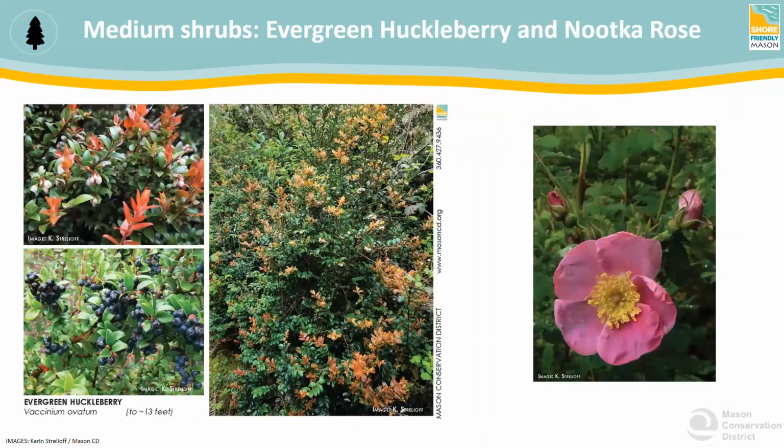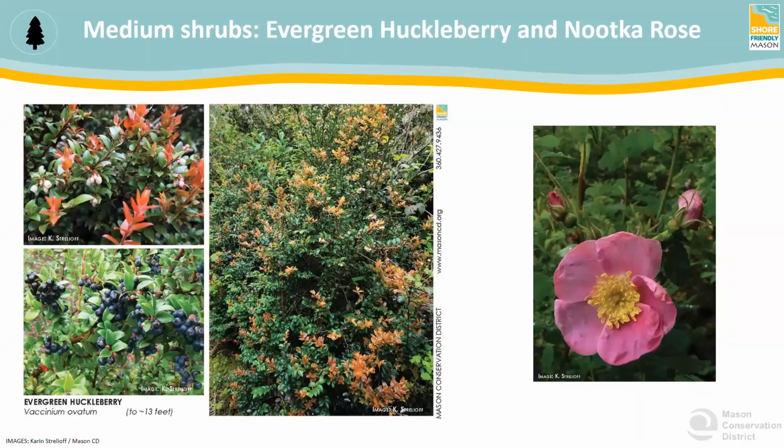And then, of course, you've probably seen some of those marine shoreline properties that are just dense evergreen huckleberry thickets. Again, this is almost like an old growth thing, but as much of that as you can maintain on your bank or bluff to protect the slopes and reduce the infiltration that you're getting into your soils, the better.